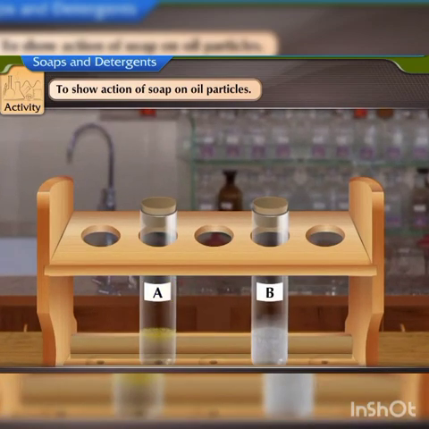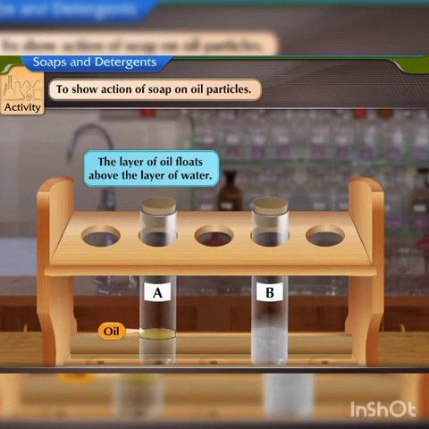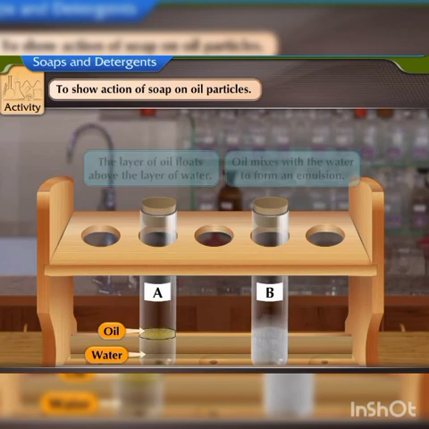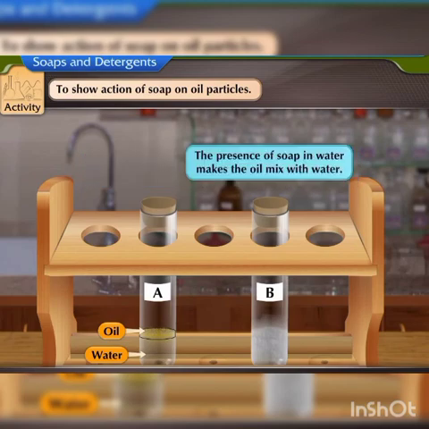In test tube A, the layer of oil floats above the layer of water. In test tube B, oil mixes with water to form an emulsion. From this activity, we can conclude that the presence of soap in water makes the oil mix with water.